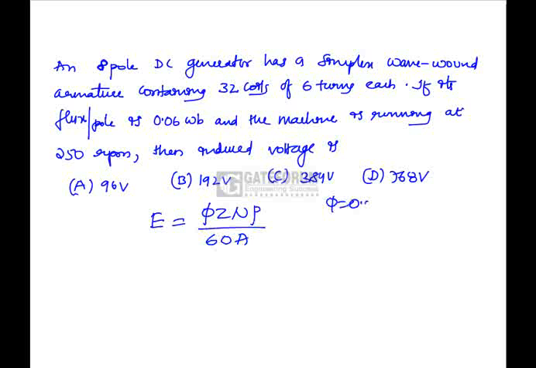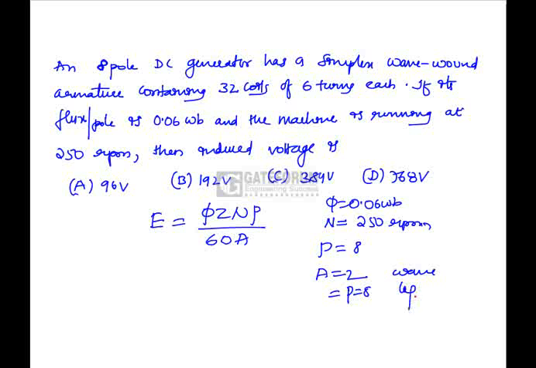We know phi is equal to 0.06 Webers, and N is equal to 250 RPM, P is equal to 8. And what about the A value here? A is equal to 2, since it is wave winding. If it is lap winding, A is equal to P, which is equal to 8. He has given a wave winding, so we have to substitute A is equal to 2.